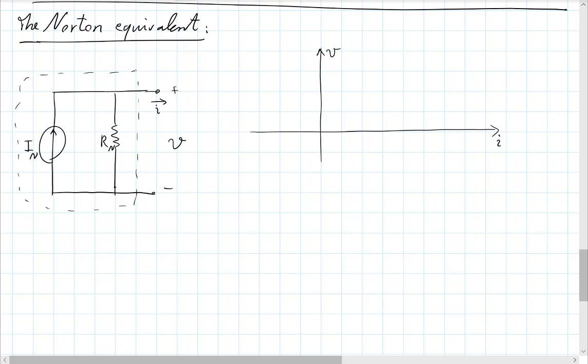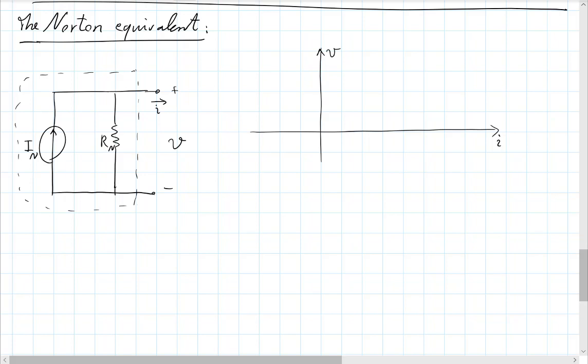So let's see. Again, I hope we can agree that based on the same intuition from the past about linear behavior, this is going to be a straight line with some slope and cutting the axes at some point other than the origin. And so I need 2 points to get that line.